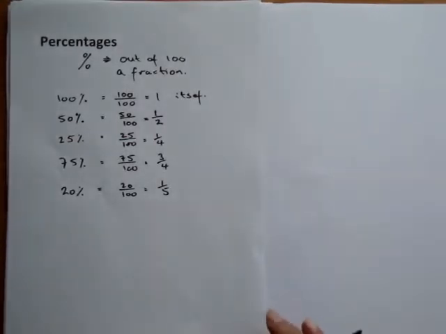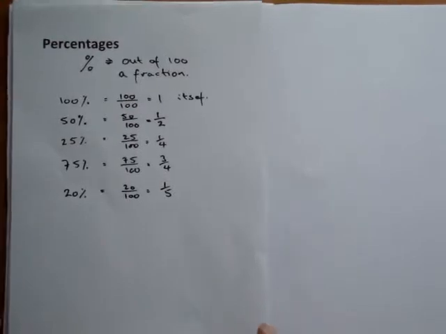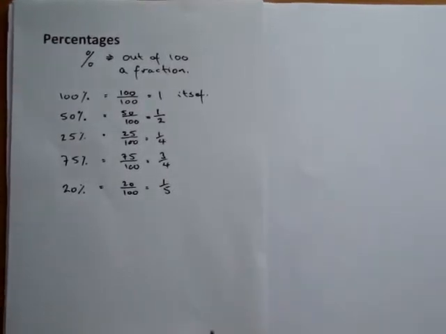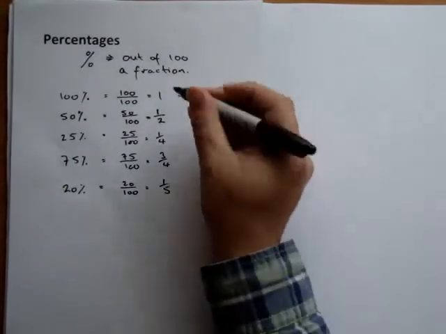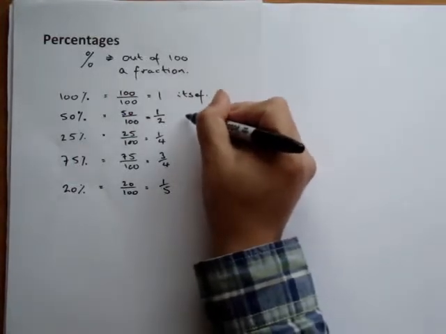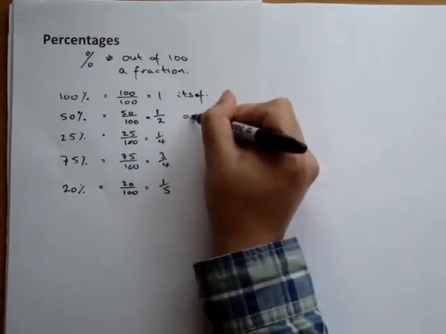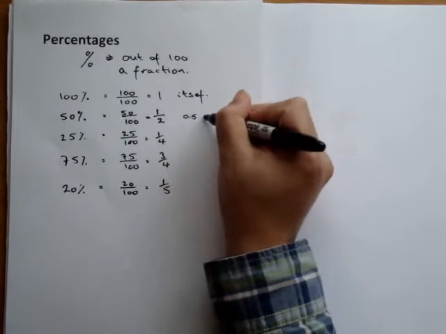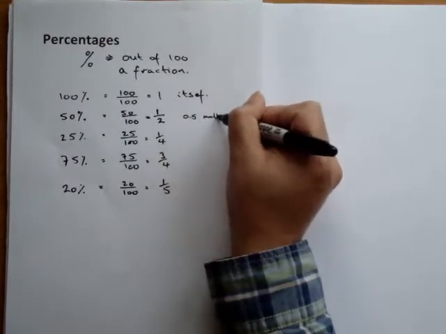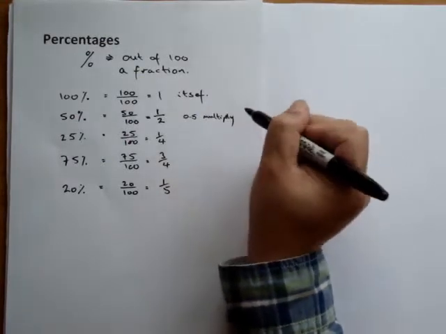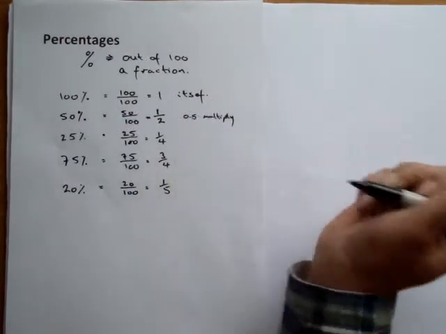When we want to find the percentage of something, we multiply that something by the fraction or by the decimal. So this half, 50%, as a decimal would become 0.5, and we multiply the number by 0.5 to get 50%.